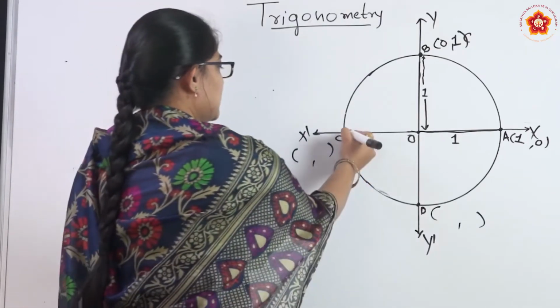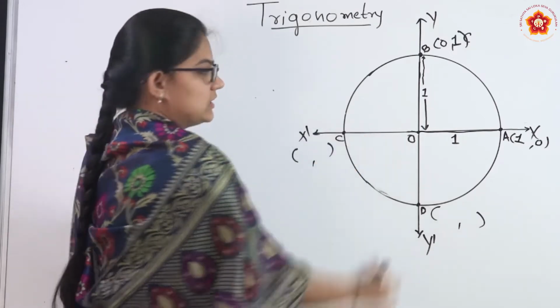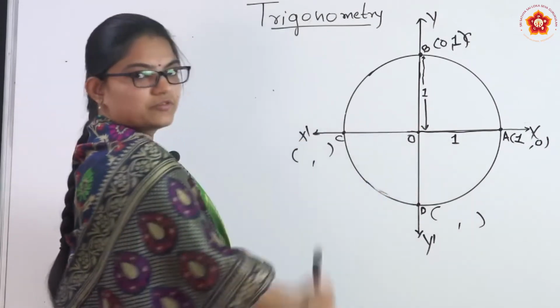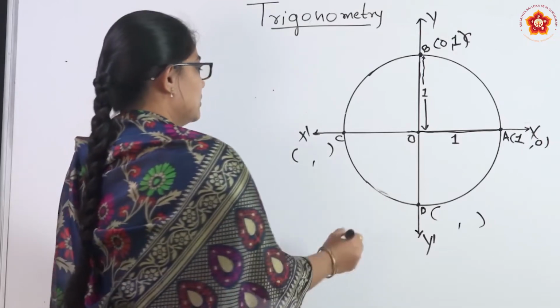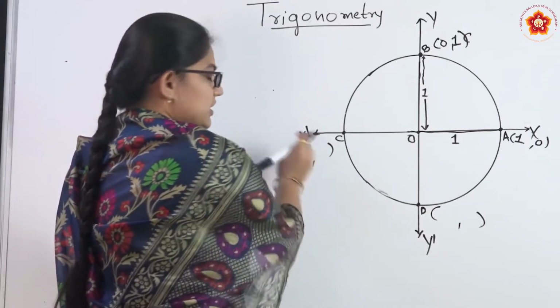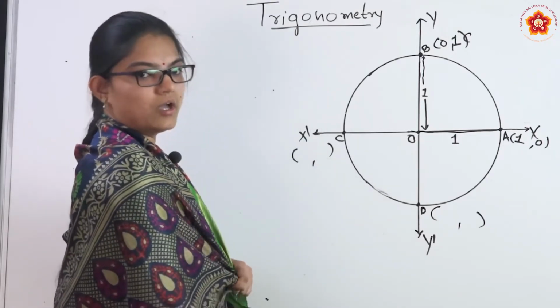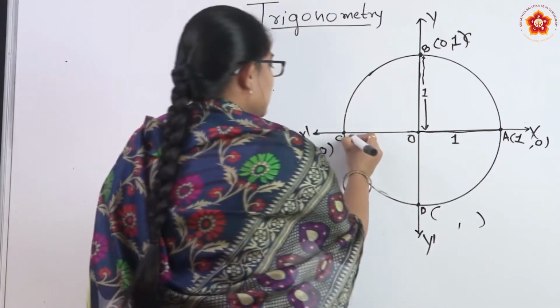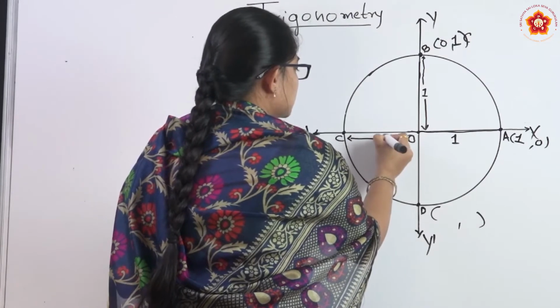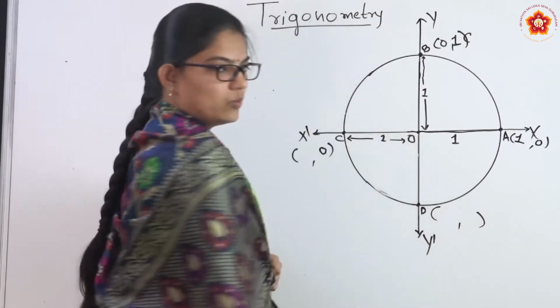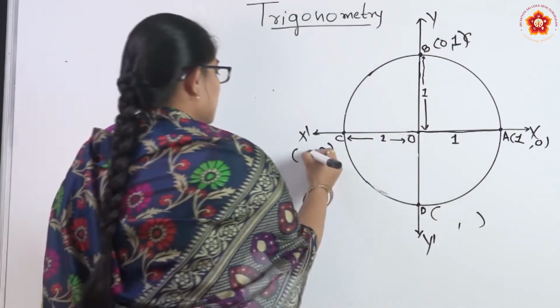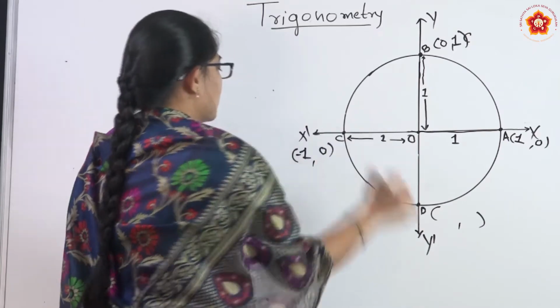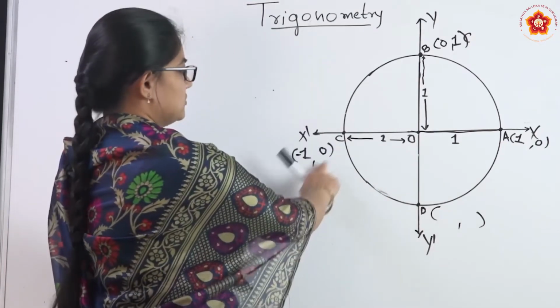Point C is on the negative side of the x axis. Therefore, the x coordinate will be negative and the y coordinate will be 0. But what is the x coordinate here? This distance is nothing but 1, because the radius is 1. So, (-1, 0) is the point C.